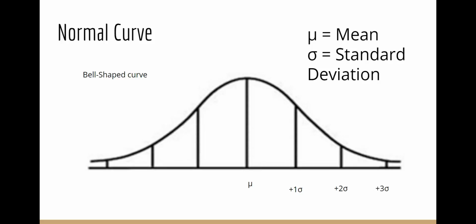Then three standard deviations above the mean is far to the right. Then to the left, one standard deviation below the mean is represented by subtracting the standard deviation from the mean. Then two standard deviations away from the mean, you subtract the standard deviation twice from the mean, and then you subtract it 3 times from the mean.